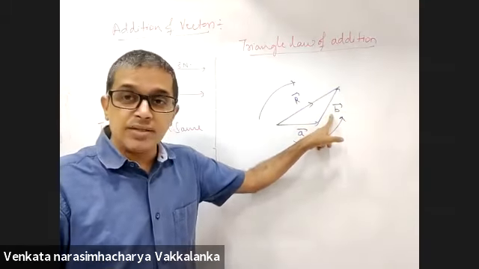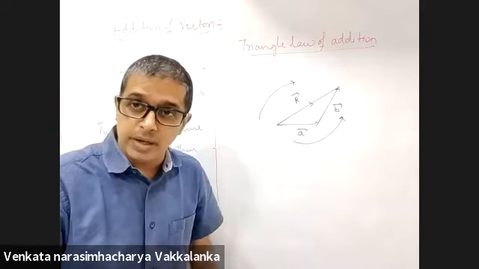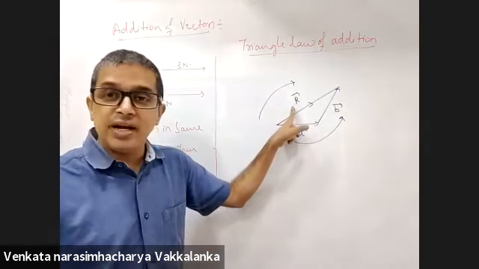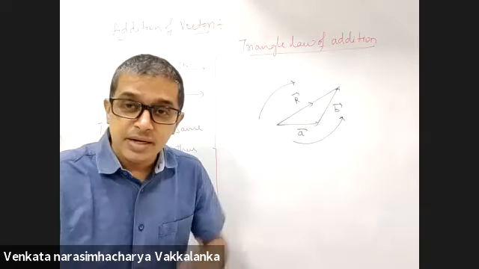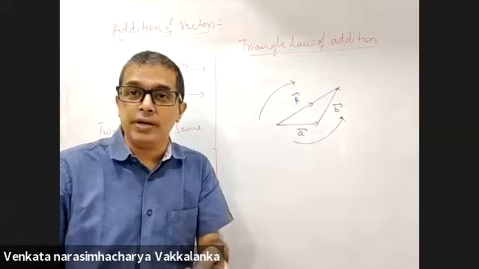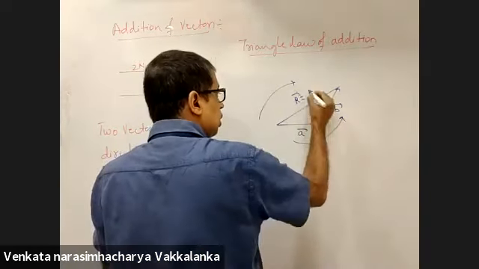If two vectors are represented as two sides of a triangle taken in one order, the third side of the triangle taken in the reverse order is the resultant. These both are in anti-clockwise. Resultant will be in clockwise.